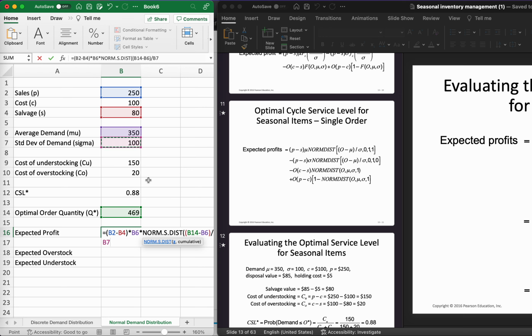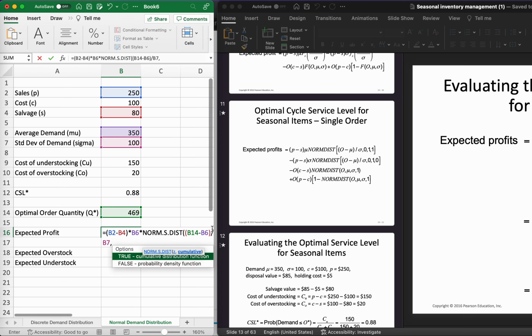That's my z value, comma. Now it's asking whether you want it to be cumulative or not. If you say true, which is the same as saying 1, it means that you're talking about cumulative distribution.